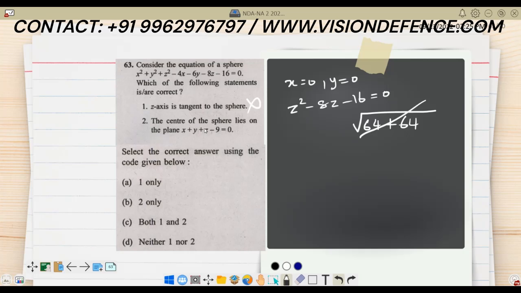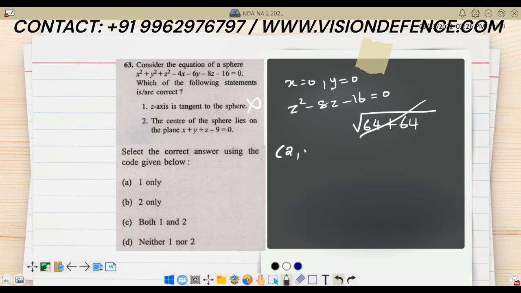Next: the center of the sphere lies on the plane x plus y plus z minus 9 equal to 0. So we should find the center of the sphere from the equation, which means dividing the coefficients by negative 2. These are g, f, and h, or k, whatever it is, that's just a variable.